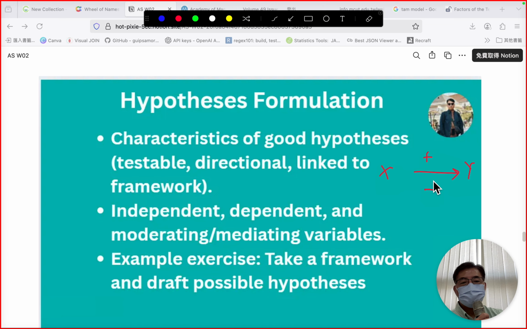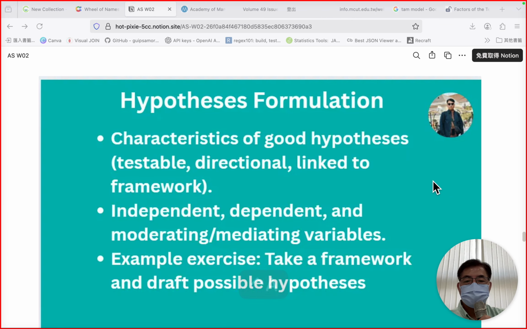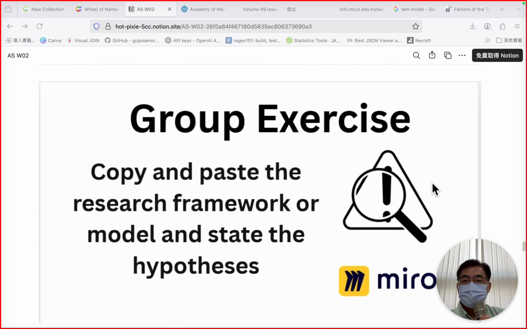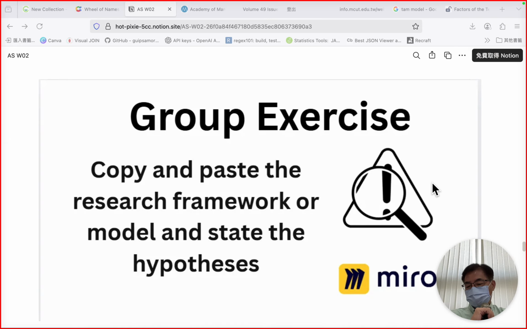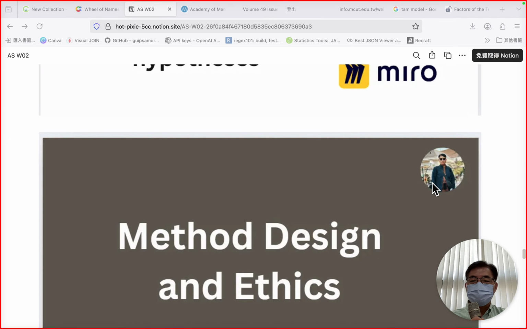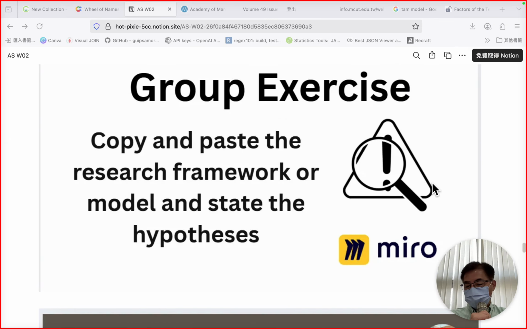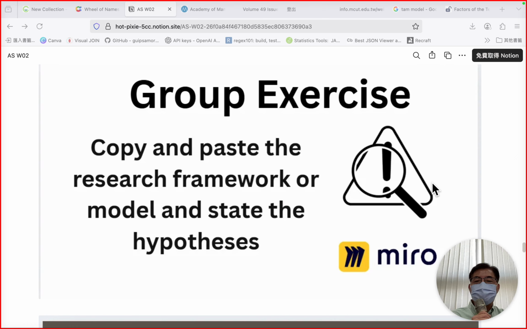I want to speed up because I would like to finish the topic today. Hypothesis, do you have time? Okay, we maybe still have time. Just copy and paste the research framework or the model and the hypotheses to the whiteboard.